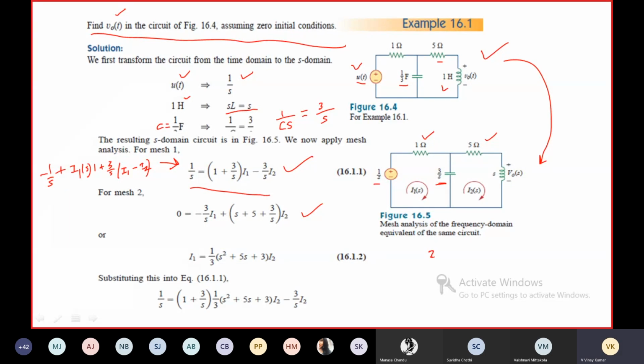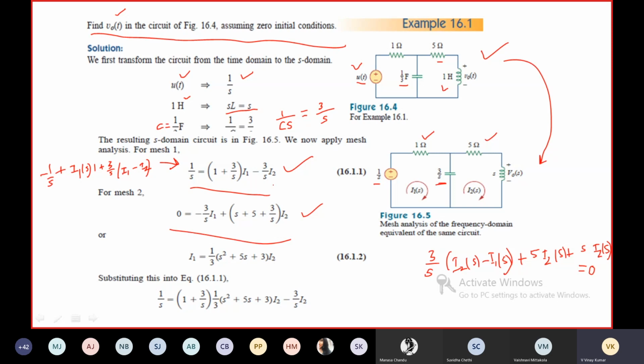Let me write KVL to mesh 2. 3 by S into I2 of S minus I1 of S plus 5 I2 of S plus S into I2 of S, or V0 of S, S into I2 of S is equal to 0. Okay, then you're going to get this equation.